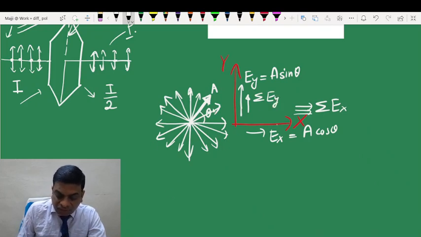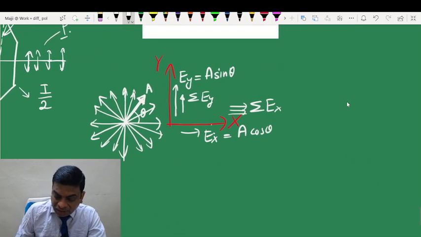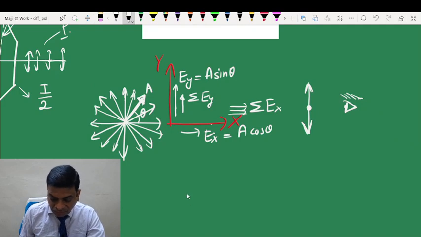So that means we have been able to replace all the electric field components just by two components, one along the x-axis and the other along the y-axis. So now if you see from this side, you can clearly see the y components oscillating like this, whereas the x component you will see like this. Okay, so this is how we denote.